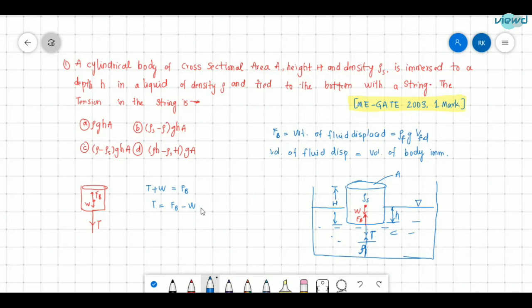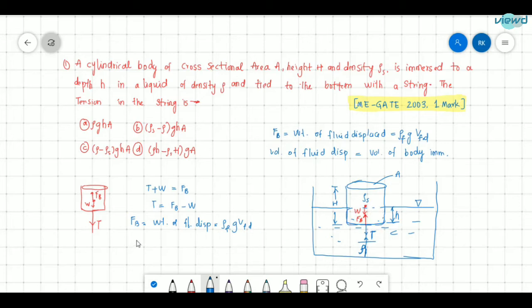So here what is W? W is the weight of the body. So buoyancy force is equal to what? Weight of fluid displaced. What is the weight of fluid displaced? Rho F, density of fluid into acceleration due to gravity, and volume of fluid displaced. What is the volume of fluid displaced? This much amount of the volume is displaced by this body.